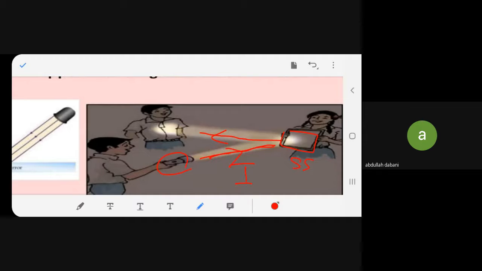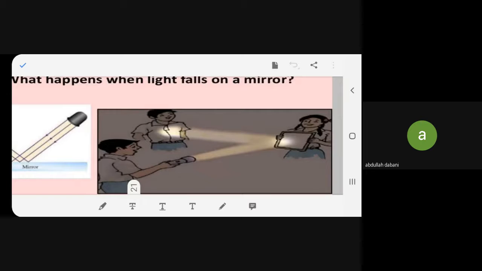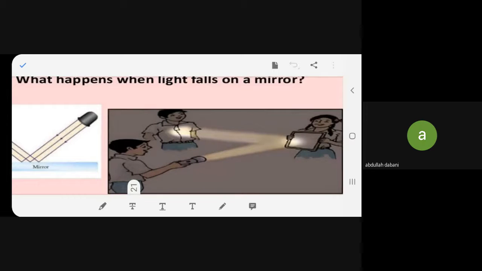Reflected ray. And you can see a spot over here. Can you see this? Any problem, beta? No, ma'am. Now you understood what is happening? Incident ray, reflected ray, image. You know now how it is happening.